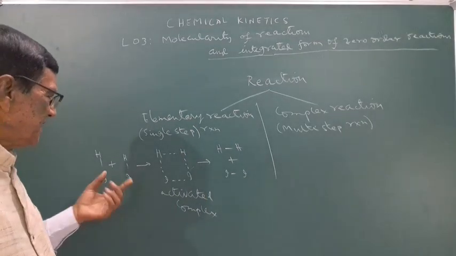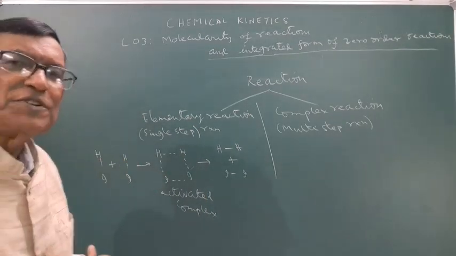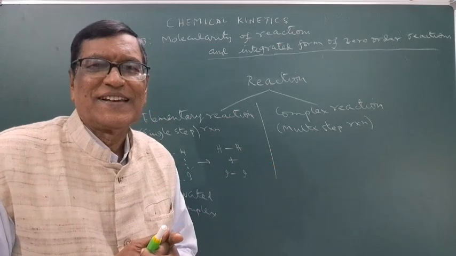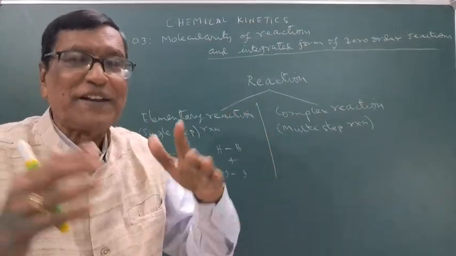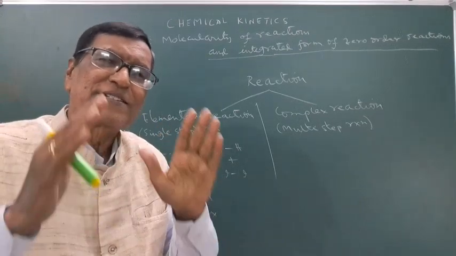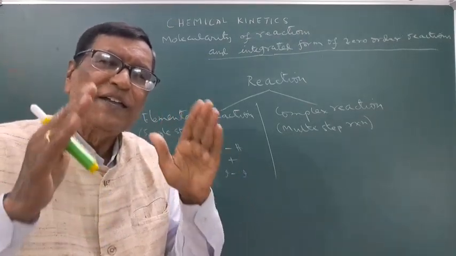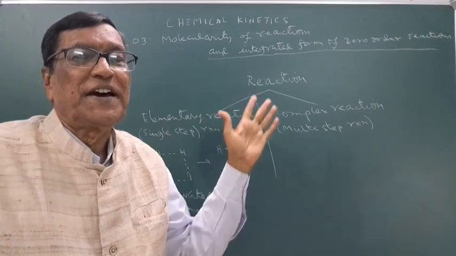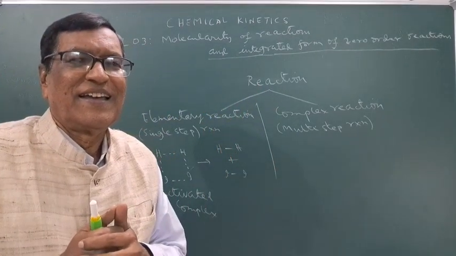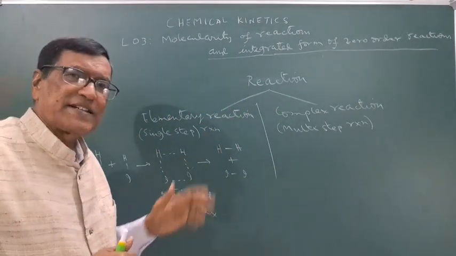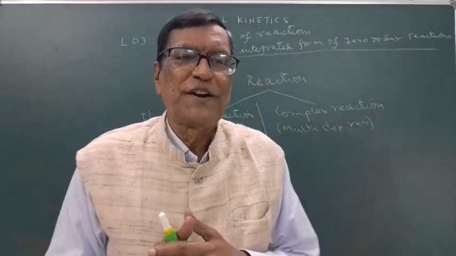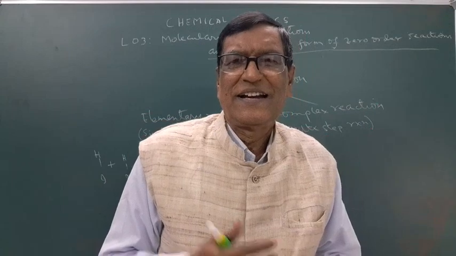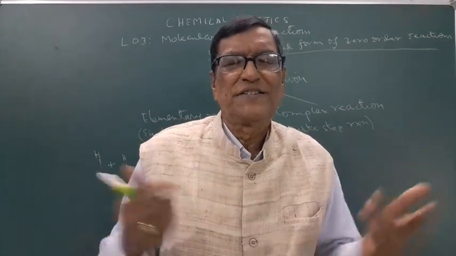In this reaction, two molecules are participating, so it is a bimolecular reaction. And the order of this reaction is also 2, experimentally determined. Order is determined only by experimental data. So for the elementary reaction, it is possible to assign the molecularity, and in this case, molecularity and order are the same.